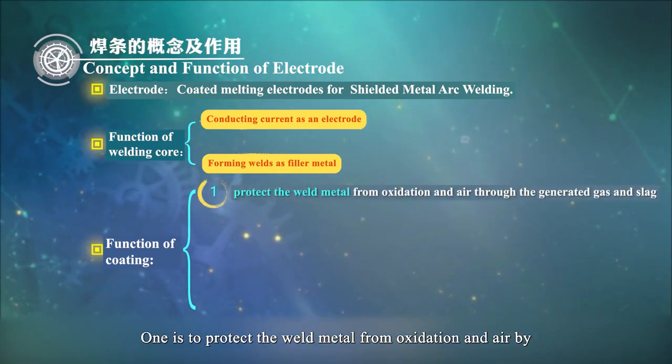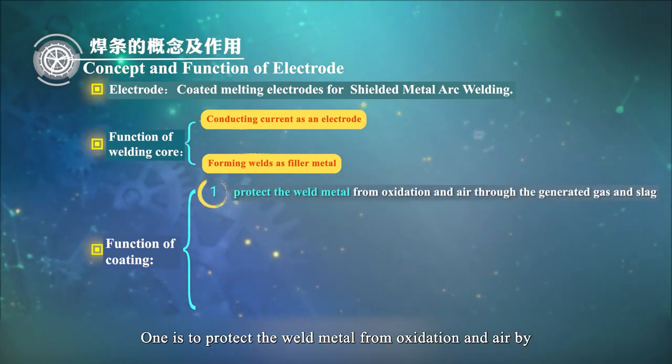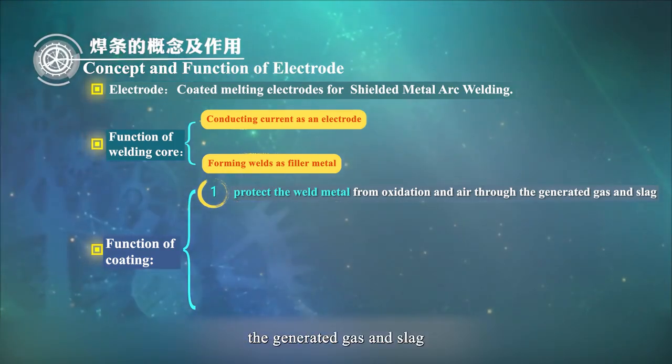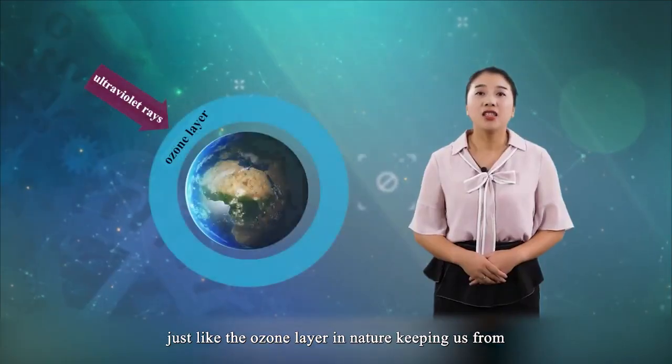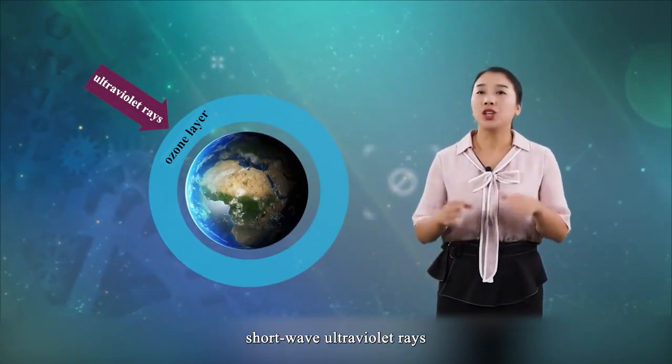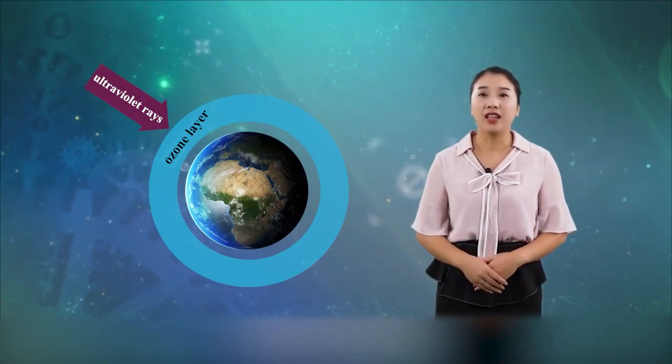One is to protect the weld metal from oxidation and air by the generated gas and slag, just like the ozone layer in nature, keeping us from the shortwave ultraviolet rays.